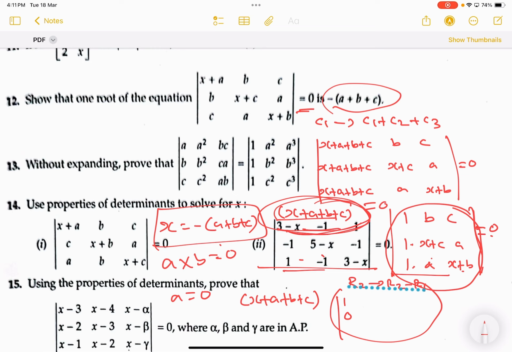But to complete this, if you subtract, you will get bc. Then it will become x plus c minus b, right? A minus c. And again R3 also if I am doing with R3 minus R1, it will become 0, a minus b, then x plus b minus c.